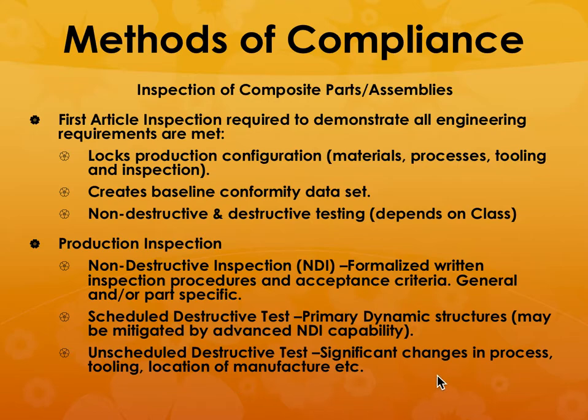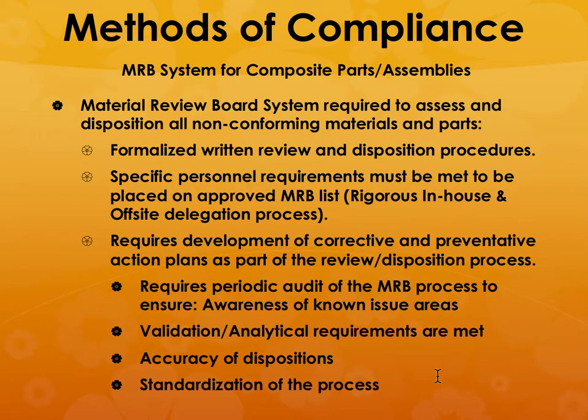Suppose you are making 1,000 components. What do you do? You would test at different intervals, but you also may pull one component out of 1,000 at random and test it, and make sure that it meets the standards. So those are all the different methods of compliance.